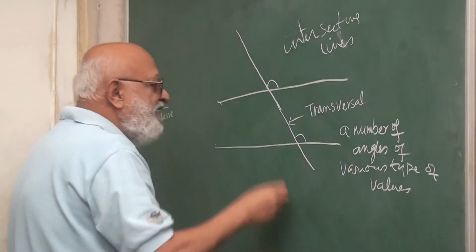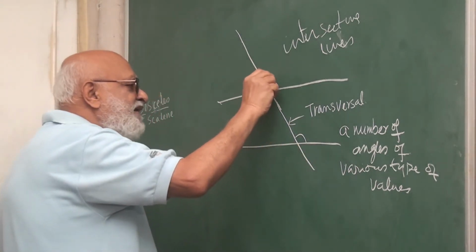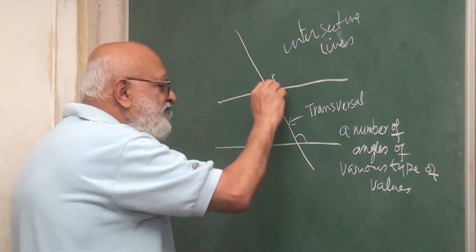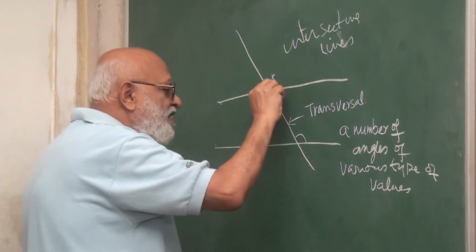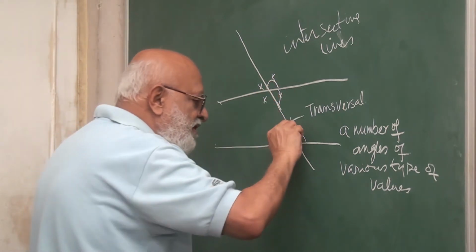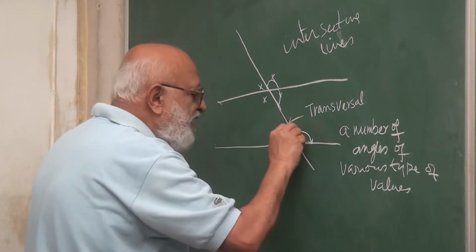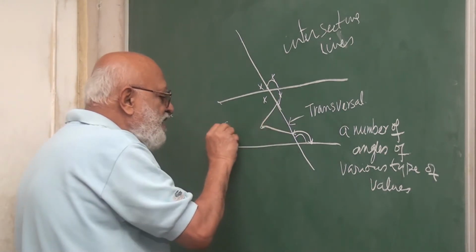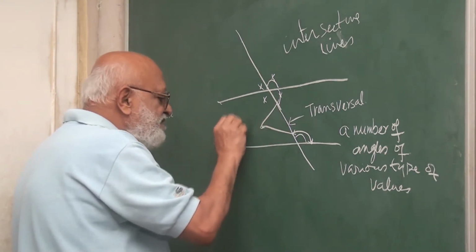Then of course vertically opposite angles are there. Then these are also called consecutive angles, this one, and this is also called supplementary angles.